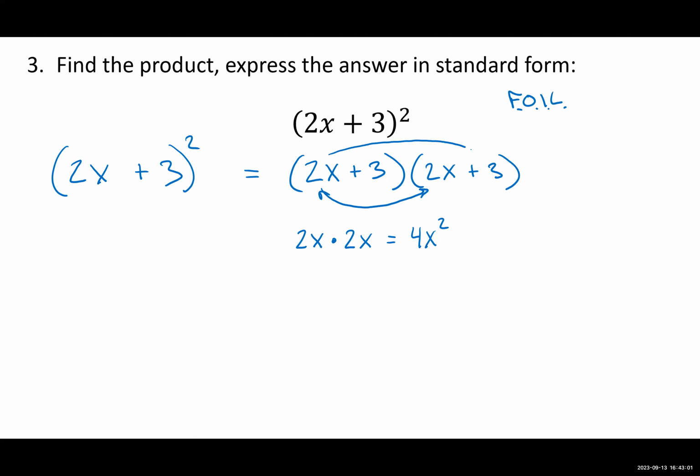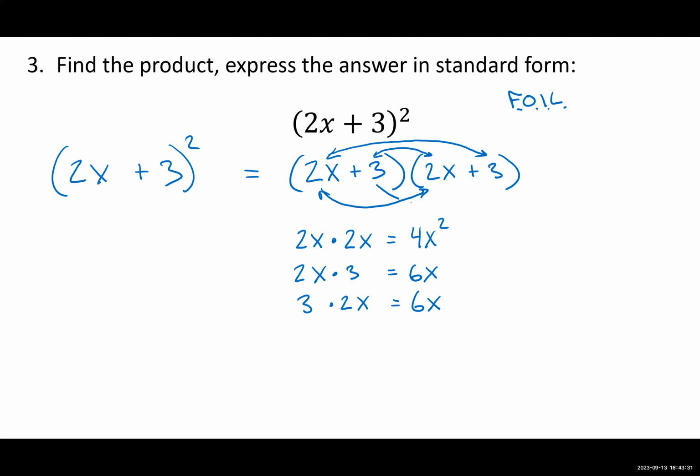Outer times outer, 2x times 3. 2 times 3 is 6, and we've only got one x, so that's 6x. Inner times inner, 3 times 2x gives us the same thing, another 6x.